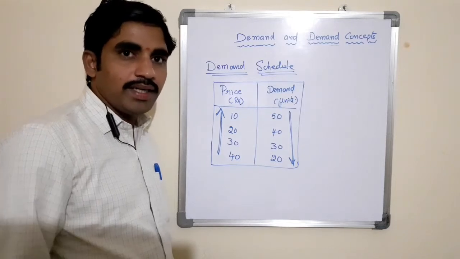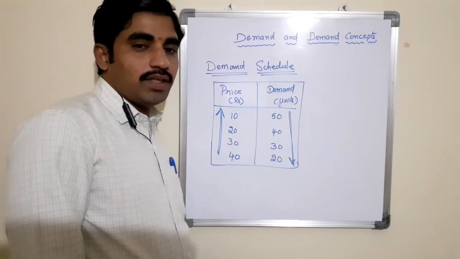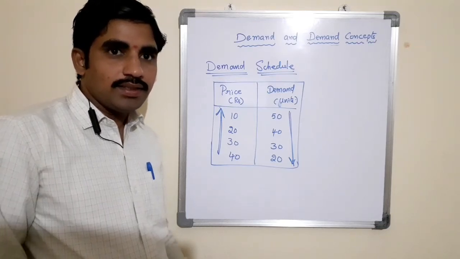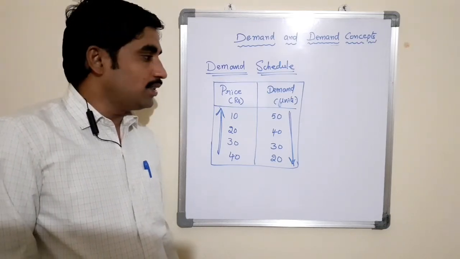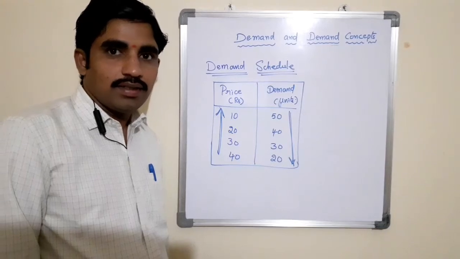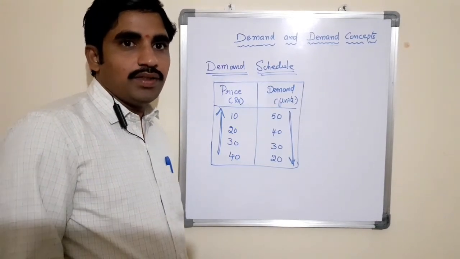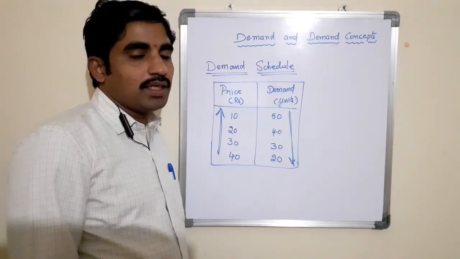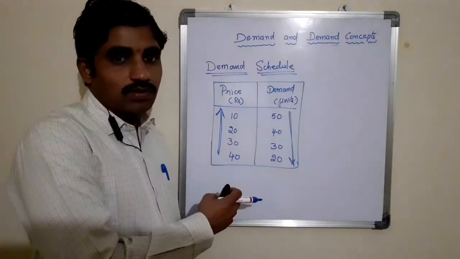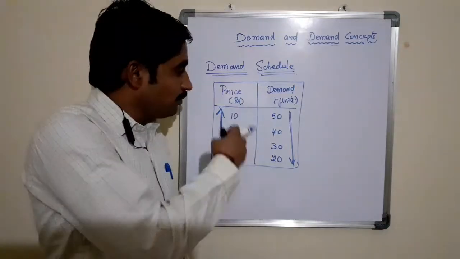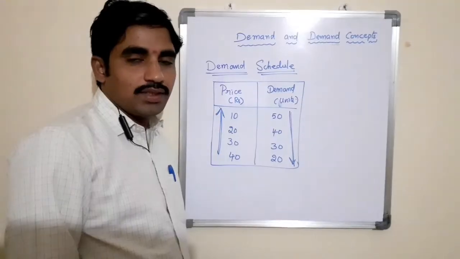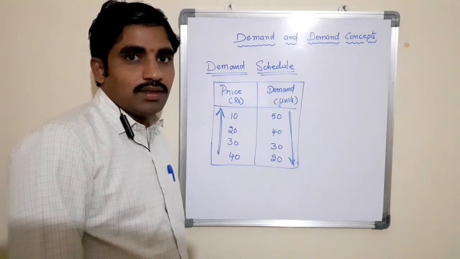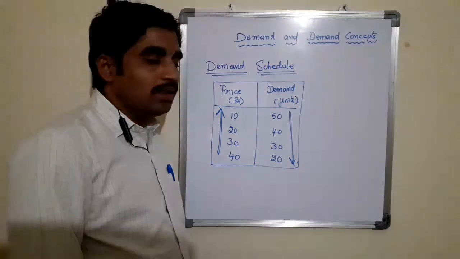And coming to the demand curve, the demand curve is a graphical representation depicting the relationship between a commodity's different price levels and the quantities which consumers are willing to buy. The curve can be derived from the demand schedule, which is essentially a table view of the price and quantity that comprise the demand curve.